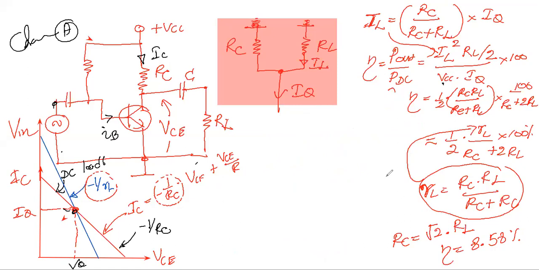The reason is to maximize the eta, d eta divided by dRL, you can equate to 0. By equating this derivative to 0, you can find this RC value.